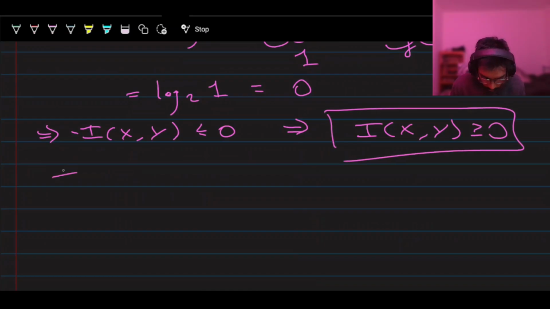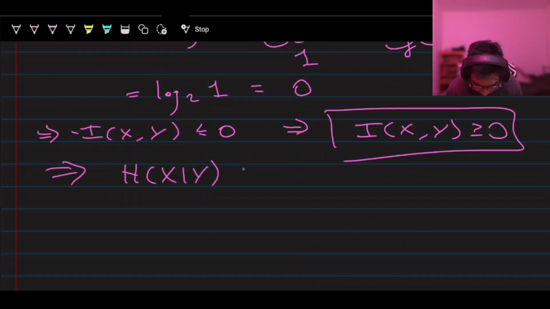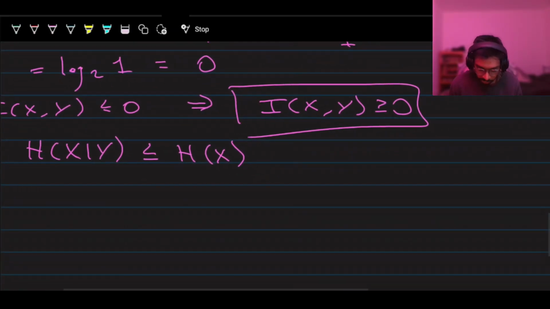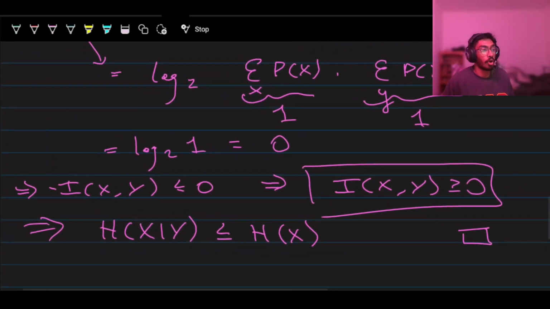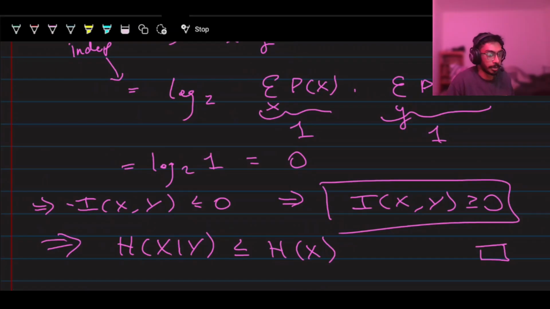Therefore, conditioning on y makes our entropy less than no conditioning on just x. And so we have proven that conditioning always ends up reducing entropy. Thank you.